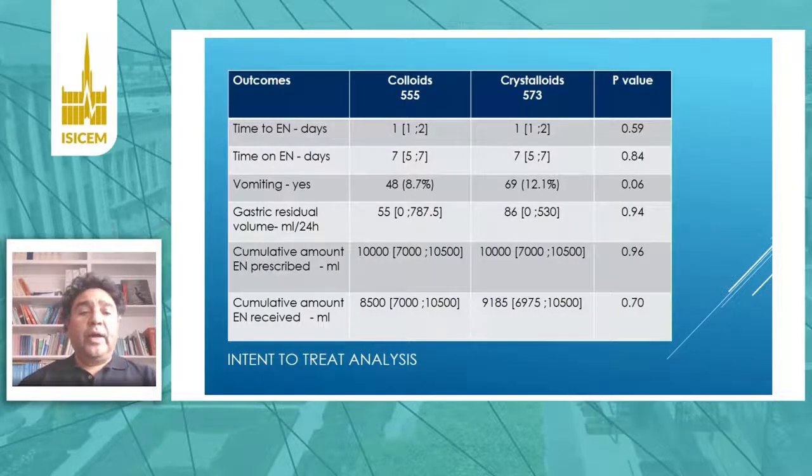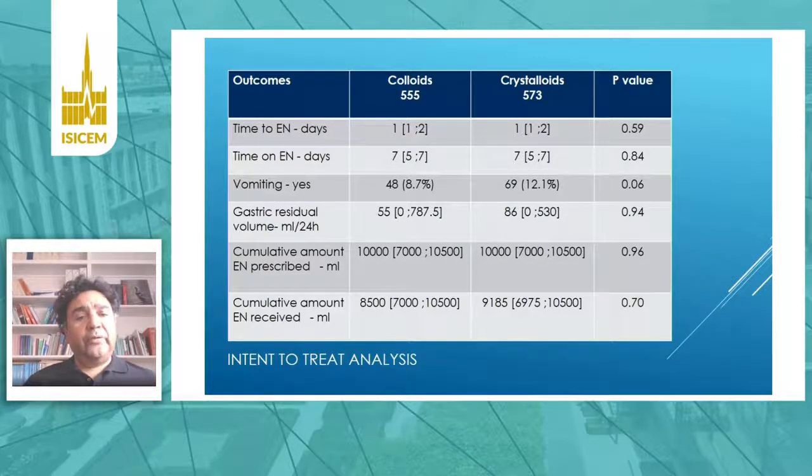So what were the major results from that ancillary trial? First of all, in the intent-to-treat analysis, 555 patients were randomized to colloids compared to 573 patients randomized to crystalloids. But one can see that there was no major difference in the time to initiation of enteral nutrition, in median 1 day in both arms.